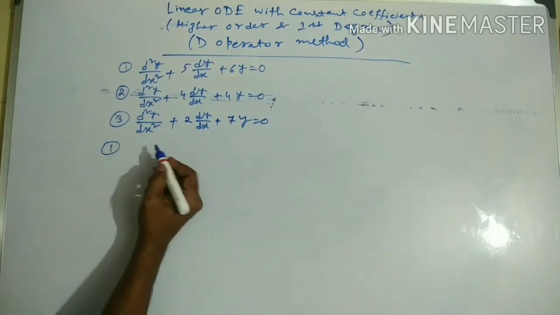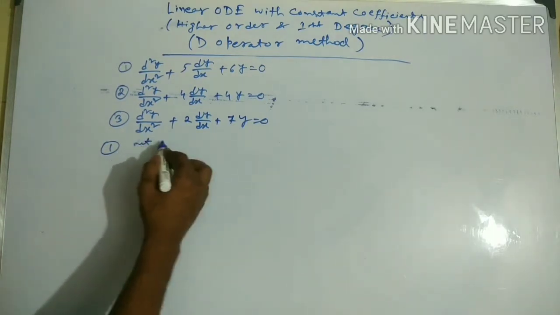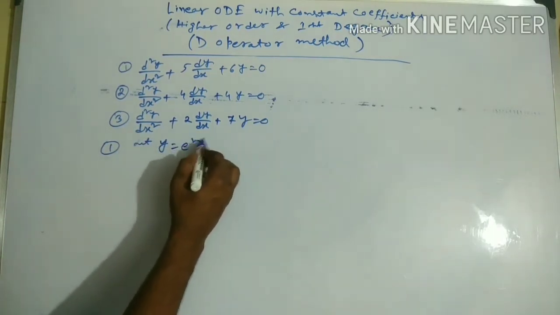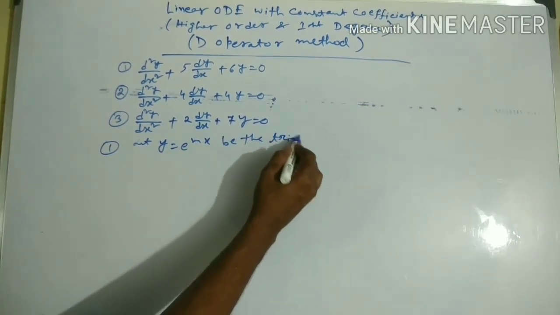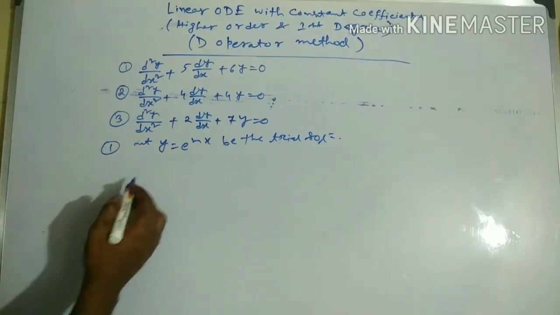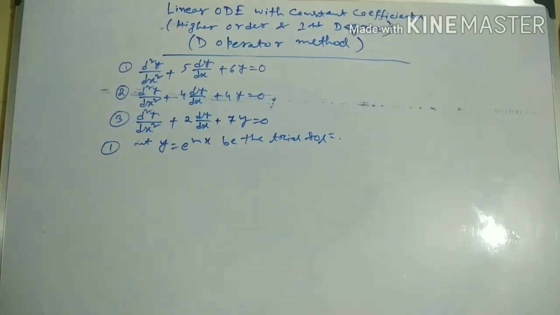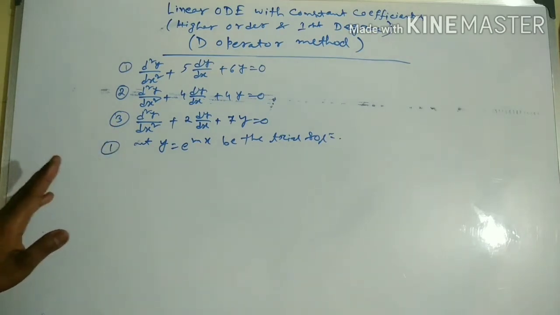So first step will be, we have to take the trial solution. So let y equal to e to the power mx be the trial solution. I have just shown a moment before when I took the general form of equation d square y dx square plus p1 dy dx plus p2 y equal to 0.